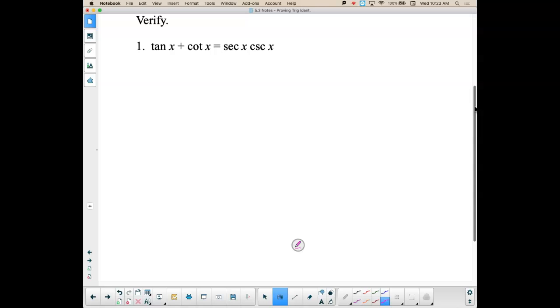So with that being said, we are going to look at the more complicated side, which is the left side. I'm not going to touch the right side at all. It's going to stay secant, cosecant. So, first thing I do over here is what? What do you think first thing?